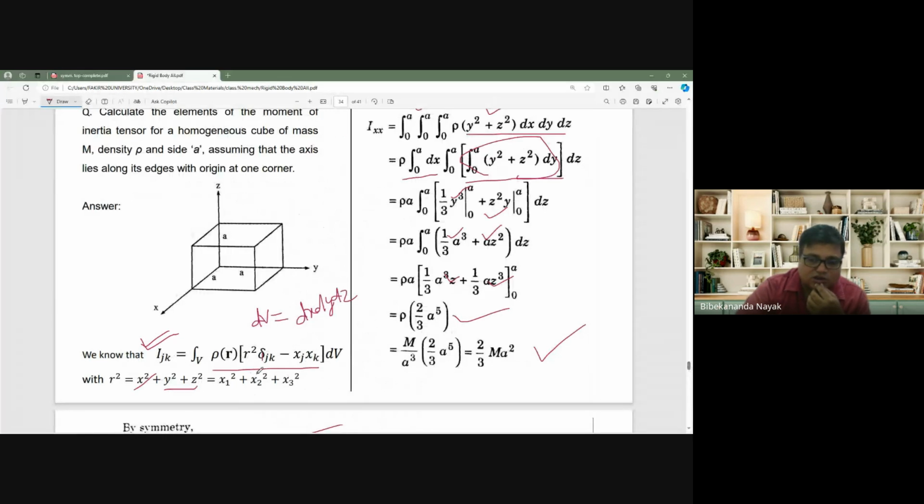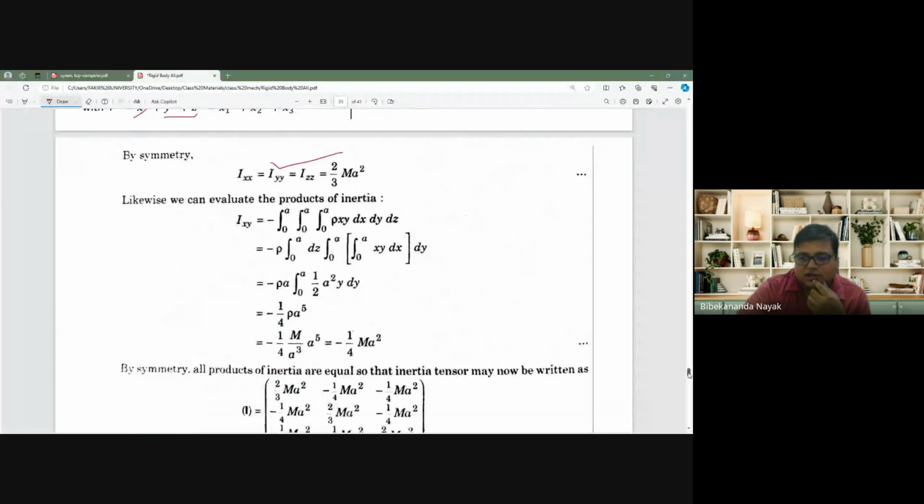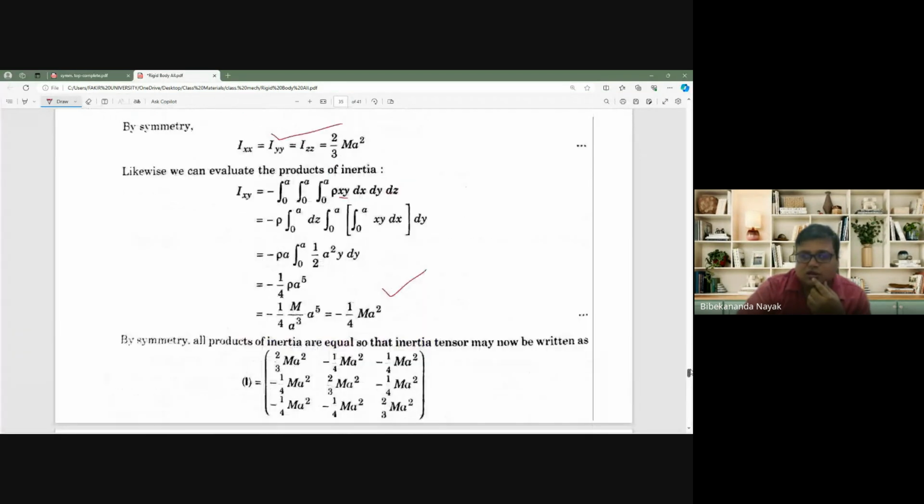If j is not equal to k, the first term is 0, so only minus xy remains. Integrate minus xy dx dy dz. We found this. So the total matrix has all diagonal elements with the same value. It is a symmetric matrix, and this will be the resultant matrix.